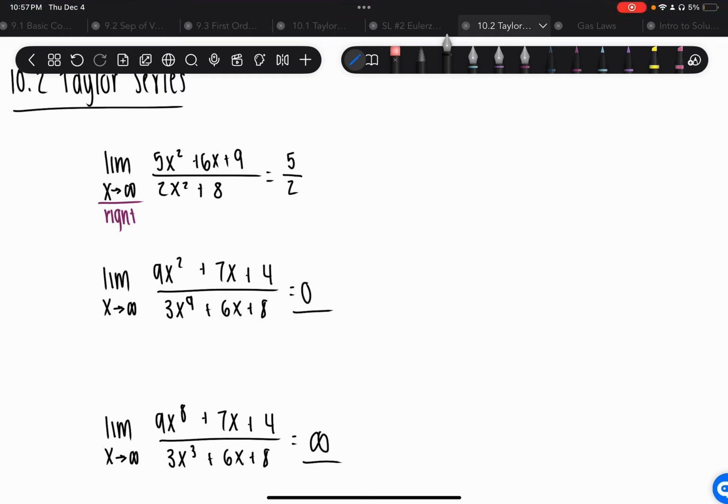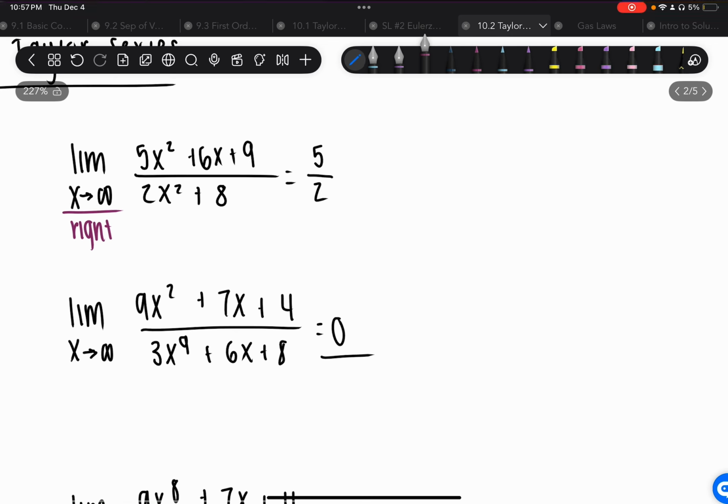We have the limit as x is approaching infinity, which also, reminder, means from the right, of 5x squared plus 6x plus 9 over 2x squared plus 8. So to find the limit, an easy thing we can do is to look at their power for the first term.